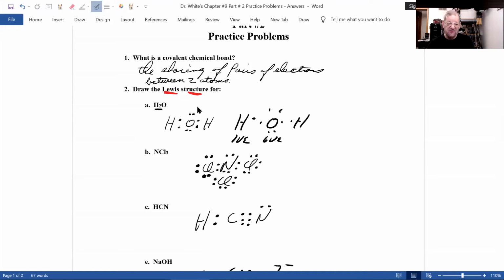A better way to draw it is like this. This electron on hydrogen looks at the single electron on oxygen and says, let's share, because a covalent bond is when we share pairs of electrons. And the other one does the same thing. So if you want to impress your friends, family, and loved ones this weekend, you see them drinking water, you can say, do you know water has 2 covalent bonds in it?